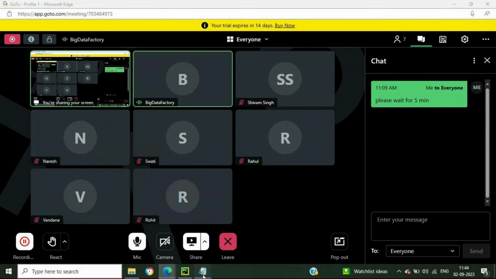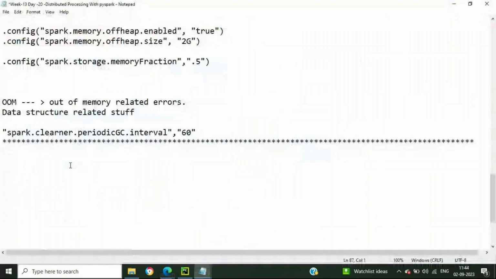Okay, AQE, yeah. Adaptive query execution.